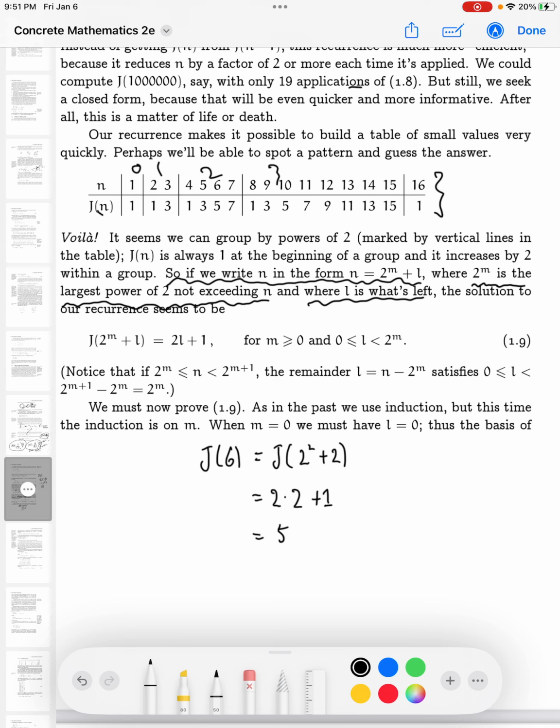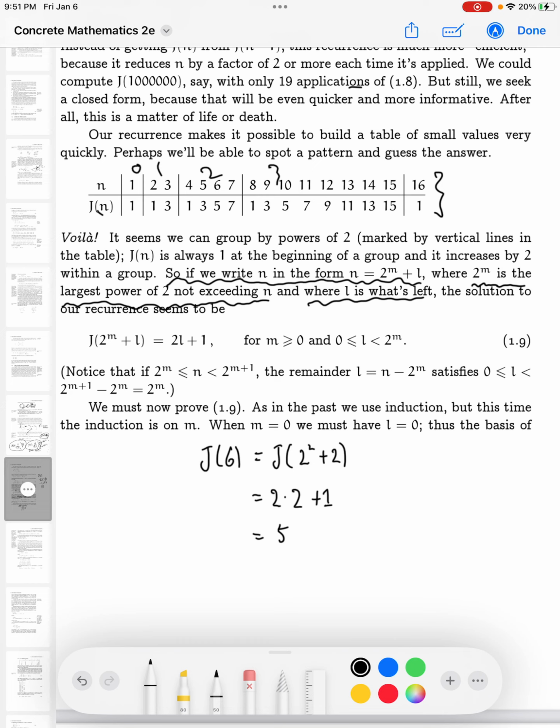As it should be from our example and the generalized case formula here, the remainder L, which is n minus 2 to the power of m, satisfies L greater than or equal to 0 and less than 2 to the power of m, by the fact that L is a remainder, right? So this is the key thing. L is always greater than or equal to 0 and less than 2 to the power of m.